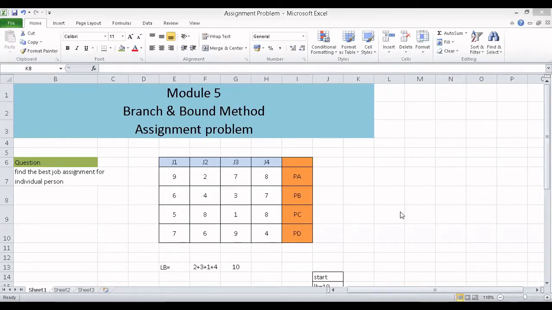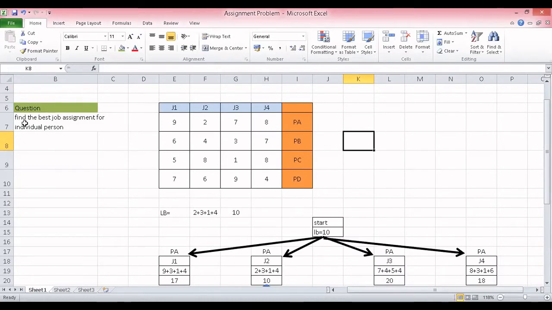So coming to this assignment problem, the question asked will be only this much: find the best job assignment for individual persons, and this table will be given to you. Only this much data will be given to you. The rest is the solution that we need to find.